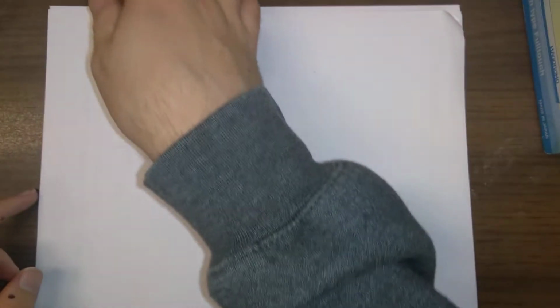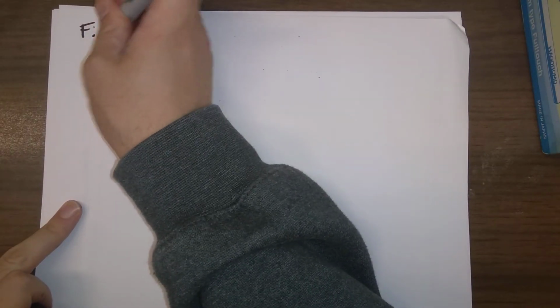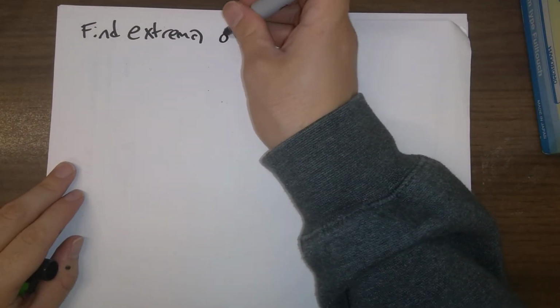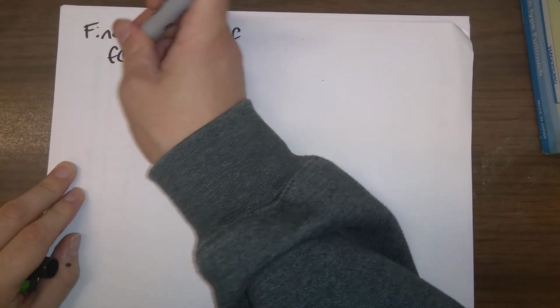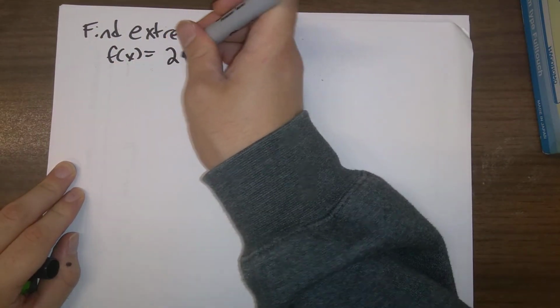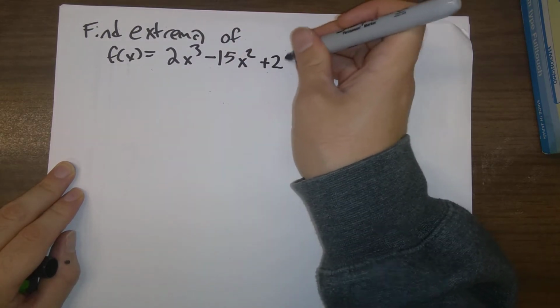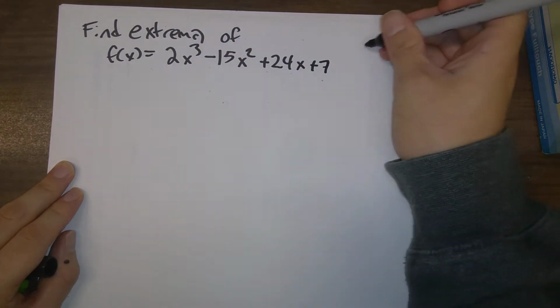So for our first example, let's suppose that our goal is to find the extrema, the absolute max and absolute min, of our function f(x) = 2x^3 - 15x^2 + 24x + 7.